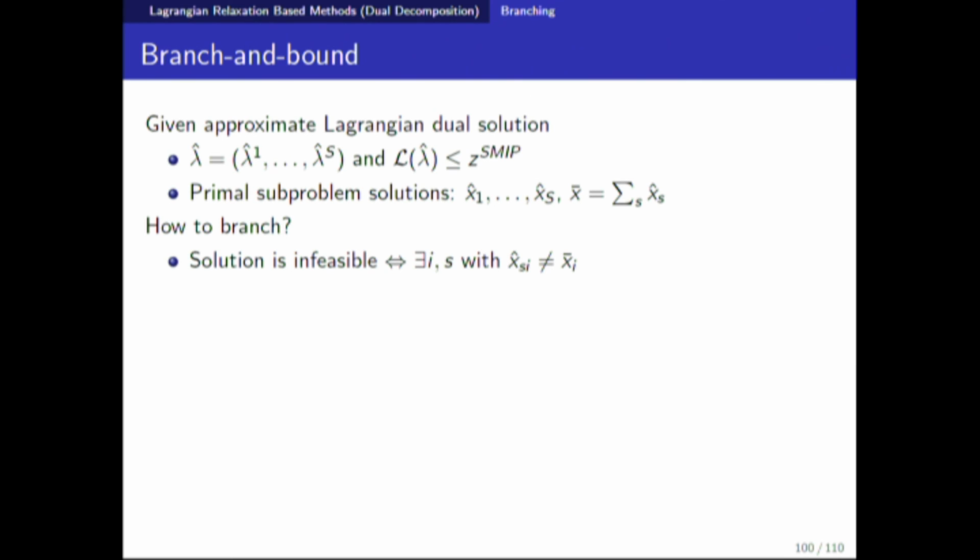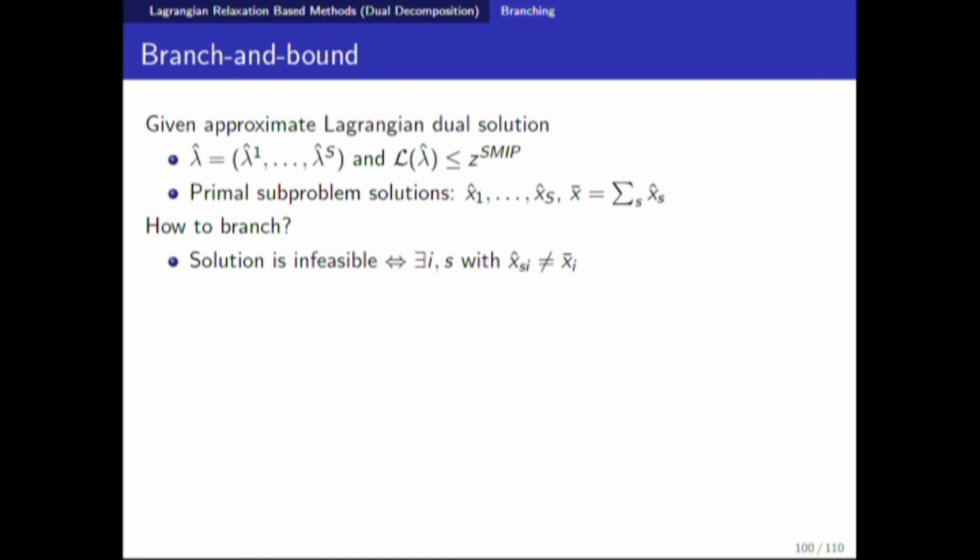Okay, so how would branch and bound work if you need to do branch and bound? I'm in this situation where I have all these primal subproblem solutions that aren't all equal to each other. I'll calculate the average value of all those. Because they're not all equal to each other, there will be some scenario and some index i where the variable at index i for that scenario is not equal to the average.